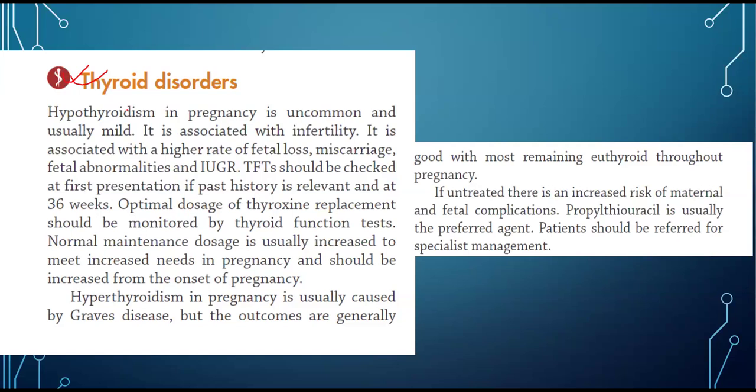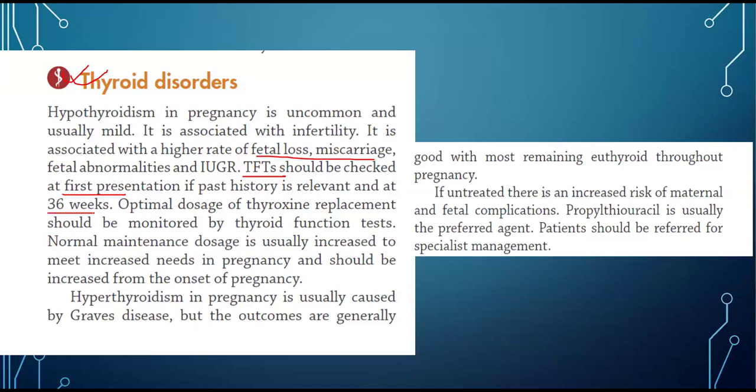Thyroid disorders. So thyroid disorder in pregnancy is not very common and it's not very important as well. But if a patient has got thyroid disorder, there is a high rate of miscarriages. That's why normally, if there is a past history of thyroid disorder, we check their thyroid function in the first trimester.